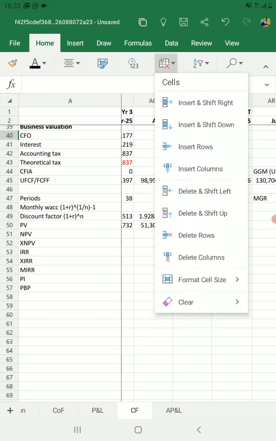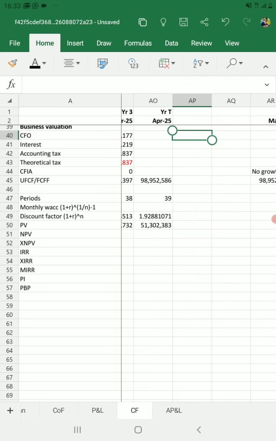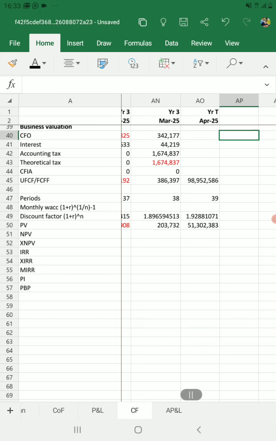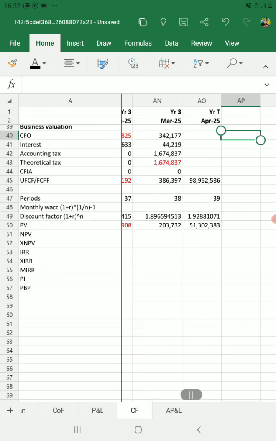Insert column. Okay, so at least I know this is where I end.